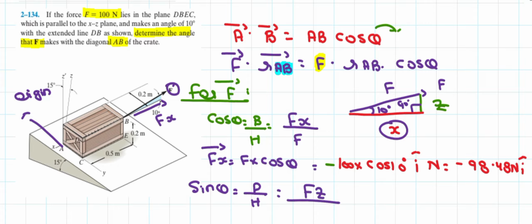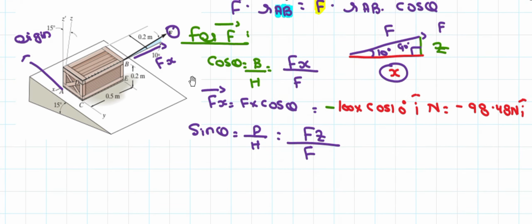The opposite side of 90 degrees is our hypotenuse, so this is basically our F. So I scroll down a little bit, and it will become Fz, which is equal to F into sine of theta.